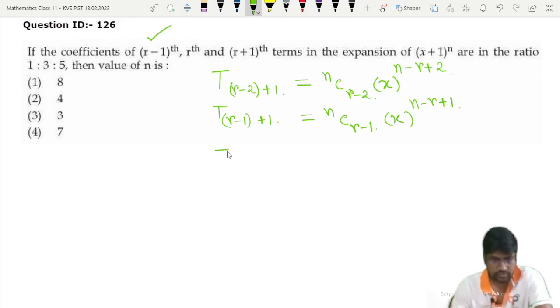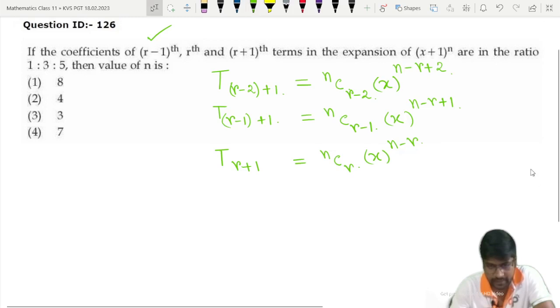Then again the r plus 1th term, we can write r plus 1 simply. So it will be ncr x to the power n minus r. Now the coefficients of these three terms are in the ratio 1 is to 3 is to 5. That they have given.